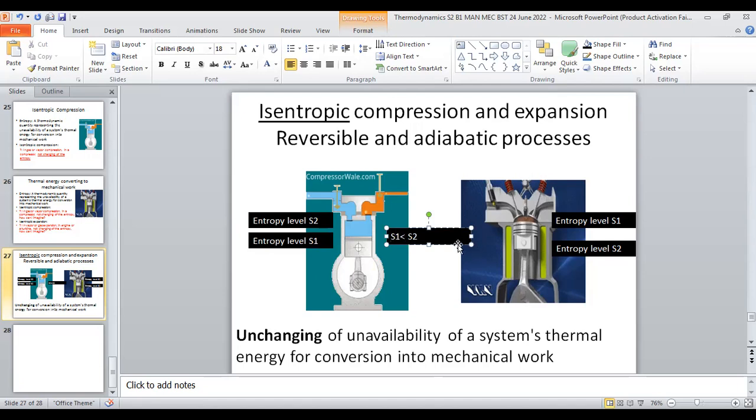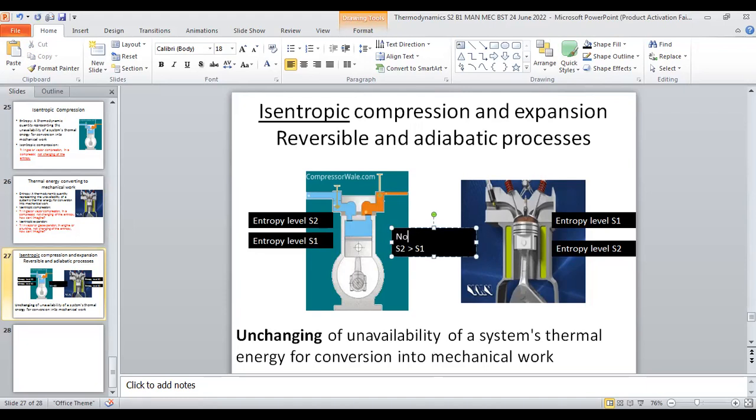So this is the situation. If I take S2 here and S1 here, S2 is greater than S1. So the final entropy level is an increase.